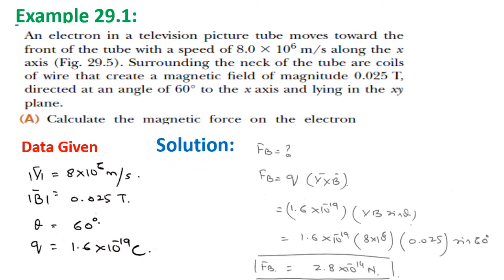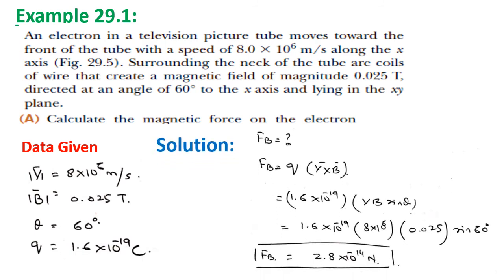So the solution for this problem: actually we are interested in knowing FB. So we know the formula, that is FB equals Q into V cross B, which is QVB sine of theta. Putting in the values, I get the value of FB equals 2.8 into 10 raised to the power minus 14 newtons.